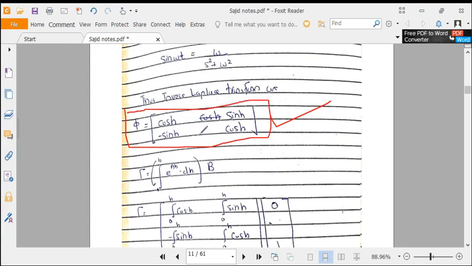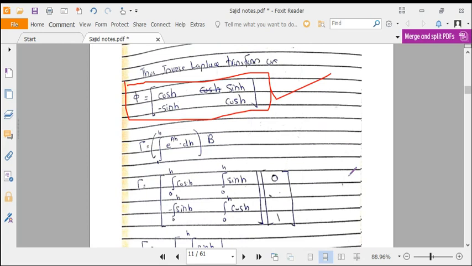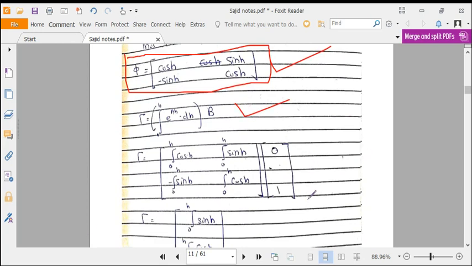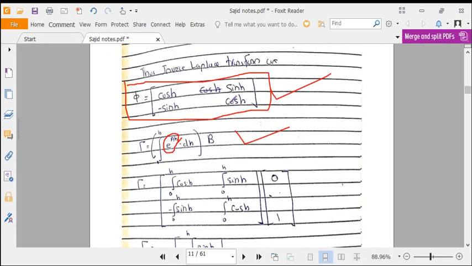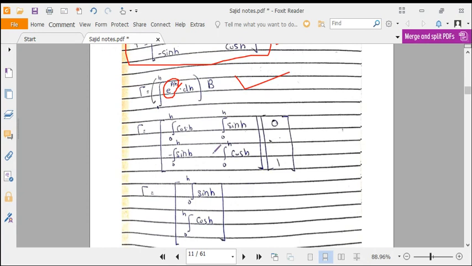Now we have to find the other thing, that is gamma. The formula for gamma is given by this. So this right here is our phi that we just calculated. We have put this phi right here and taken its integral from 0 to h, and this is our B, and as we saw in our previous video, this B comes from the continuous system that we are given.